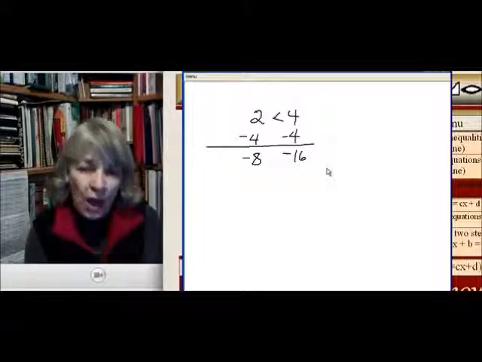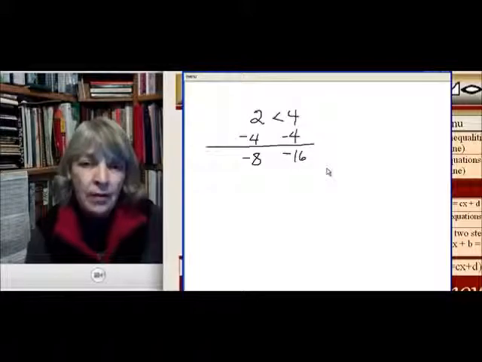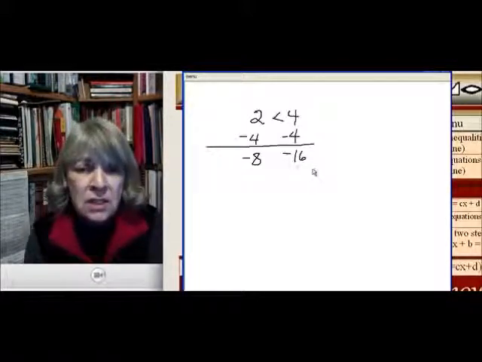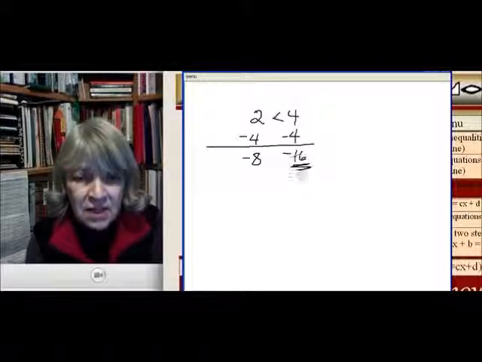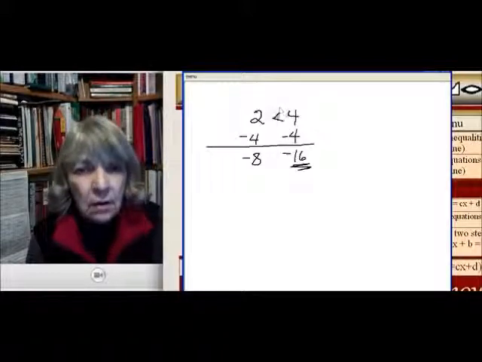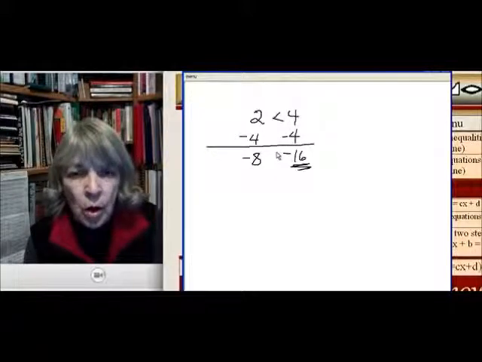Is owing $8 worse off than owing 16? No, the lowest number here is the negative 16, not the negative 8. Oh my goodness, something strange has happened. When we multiplied by a negative, it didn't stay true.